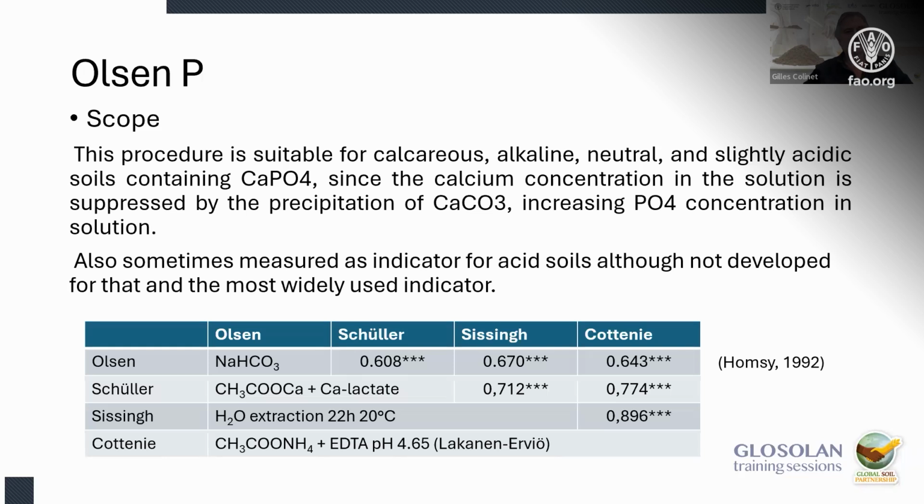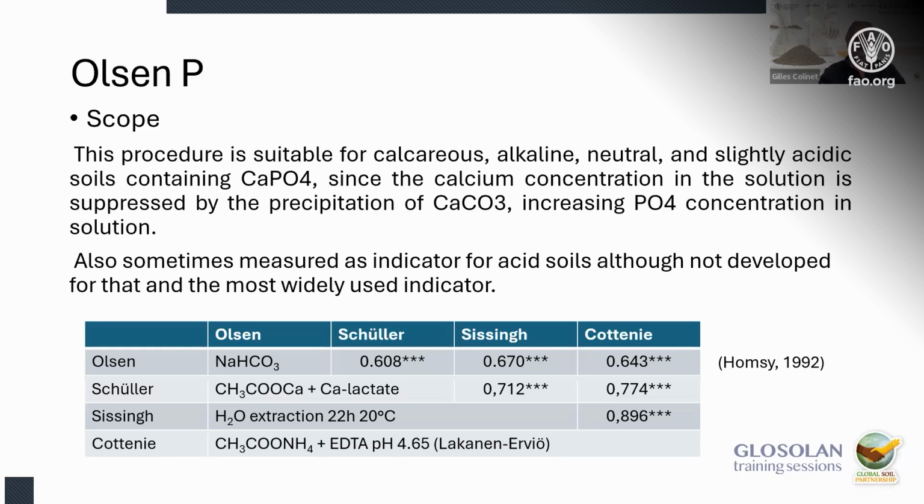And he compared 4 methods, and he compared them with the uptake of a plant. So he compared the Olsen method, another one which is called Schuller or acetate lactate. Also, you find it in the literature. It's the former method that was used in southern Belgium.